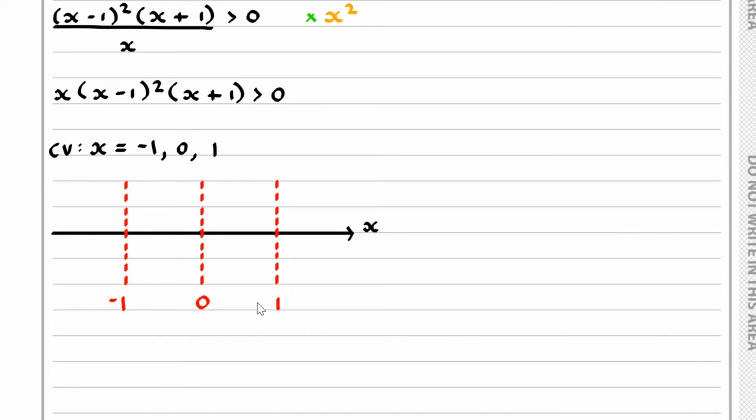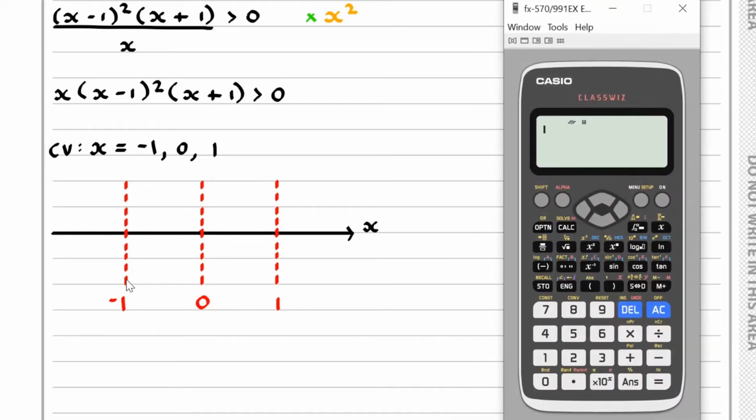Here we have a number line showing our critical values at x equals minus 1, 0 and 1. Now we can test a value which is less than minus 1, such as minus 1.5. And if I substitute that into the left hand side, we've got minus 1.5 multiplied by minus 1.5 minus 1 squared lots of minus 1.5 plus 1.